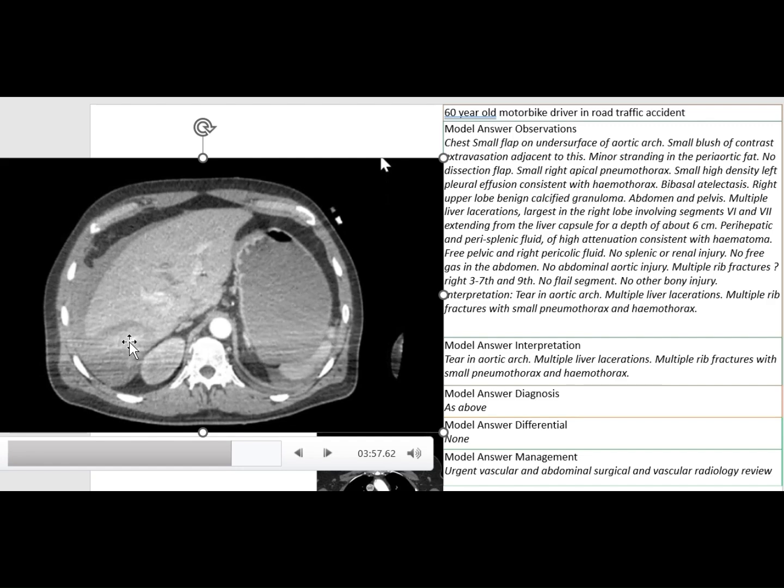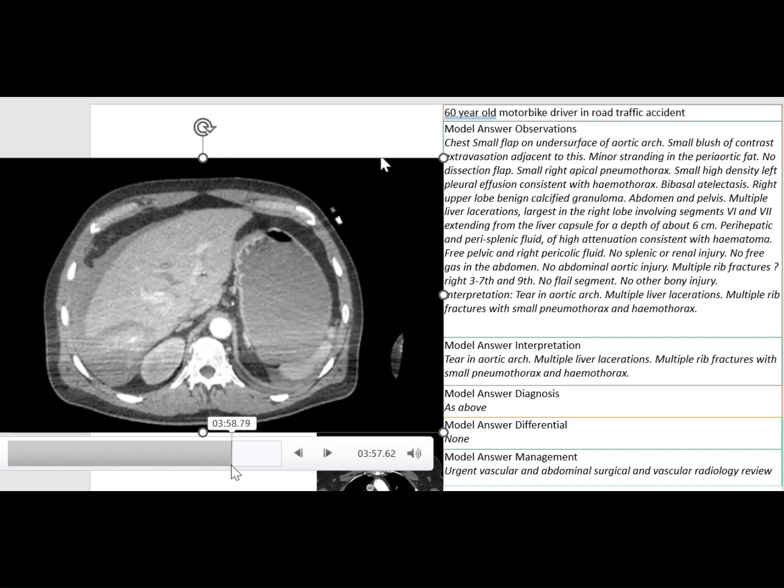It is seen here involving the 6th hepatic segment. Why? Because we are in the lower hepatic segments. Can you see the kidney here? This means that we are in the lower hepatic segments, and this is the 6th hepatic segment.